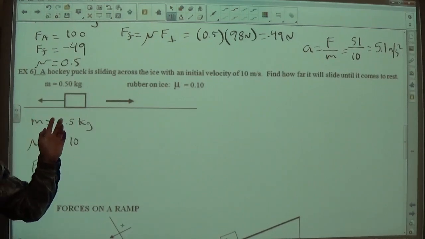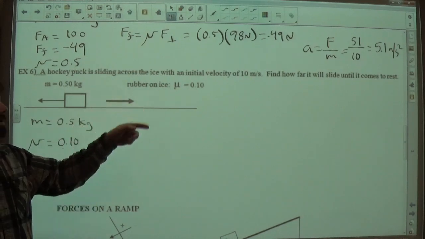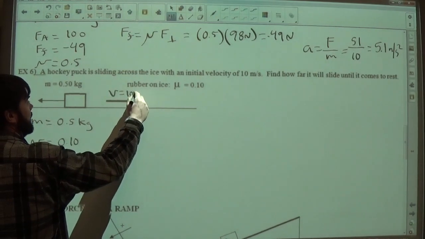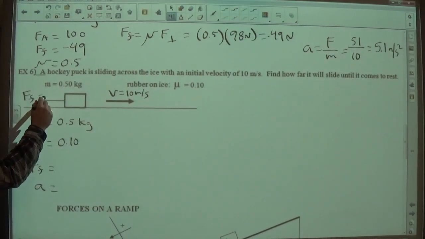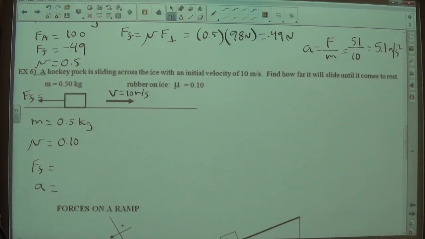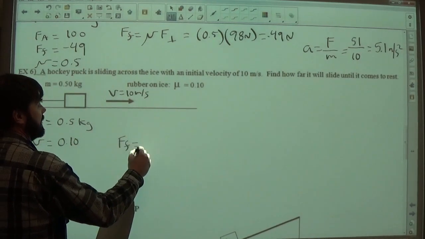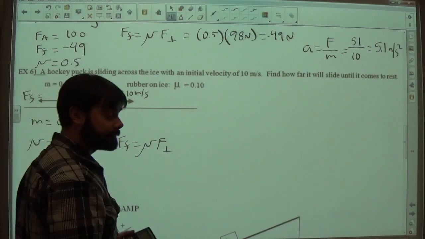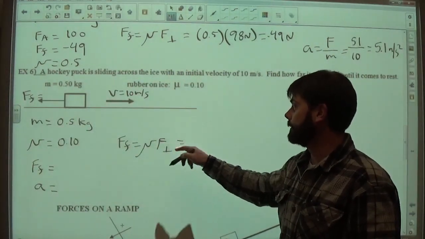So there is only one force acting on the object. It's moving this way with a velocity equal to 10 meters per second, but friction is slowing it down in the opposite direction, going this direction. So we need to figure out what that force is. Let's start there. Our force of friction is equal to mu times your force perpendicular. Again, they give us mu, but they do not give us the force perpendicular.